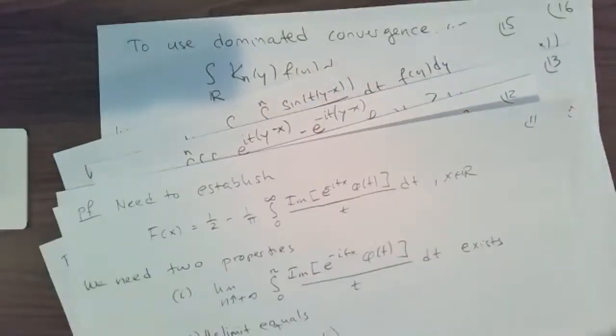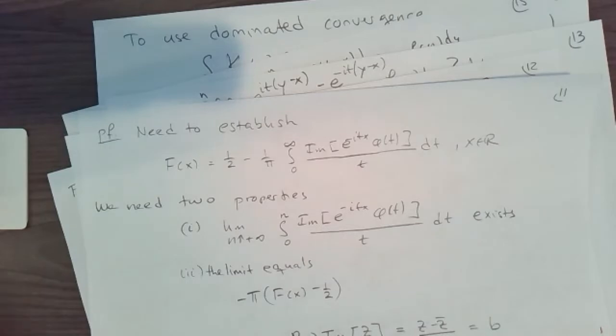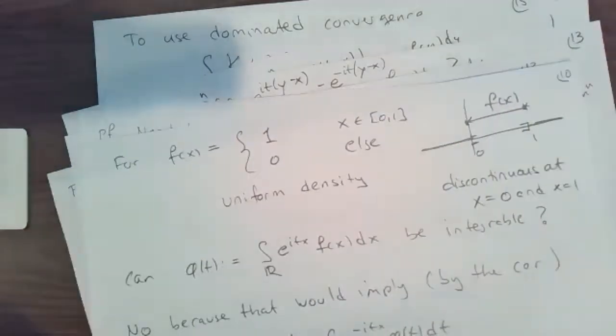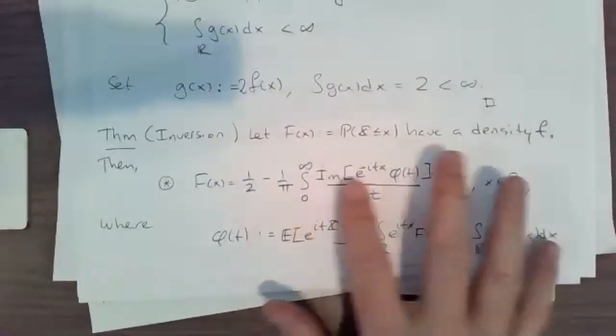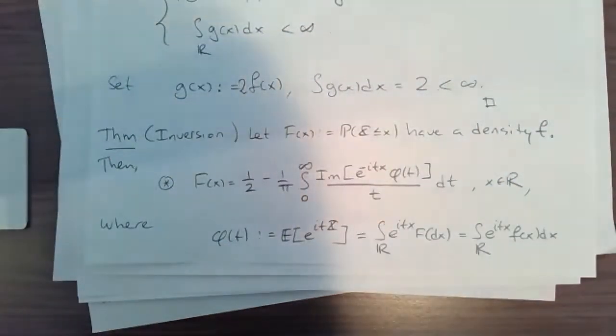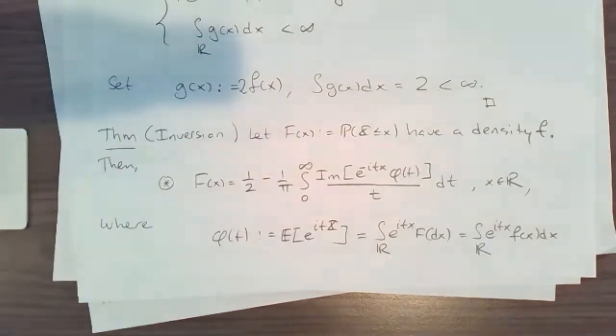It's also a bit involved, but because we're going to be using this result quite a bit in the next lecture, and we're going to be using it in homework number 3, I wanted to show you guys where that formula is coming from. So this here is the inversion theorem, and it's stated under the assumption that f has a density. And let me just show you how it would look like.